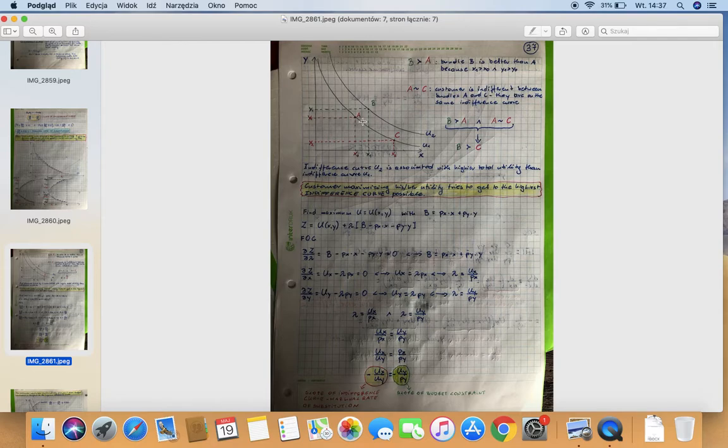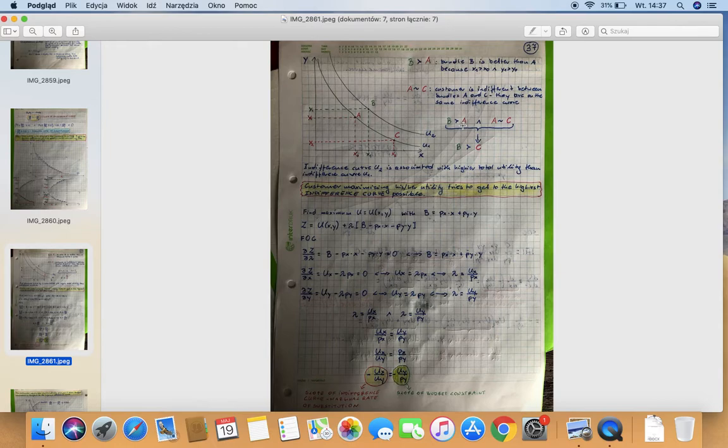Now, but on indifference curve U1, we also have a point like C. And look, at point C, we have more of good x than at point B, but we have less of good y. Now, we should notice that A and C are on the same indifference curve. So it means that they bring the customer exactly the same total utility, and the customer is indifferent between the two. But what does it imply?